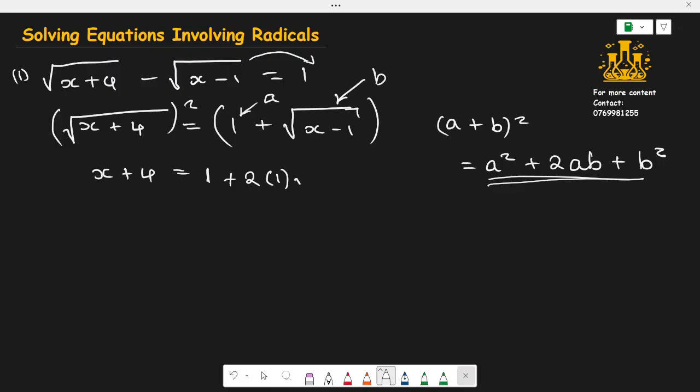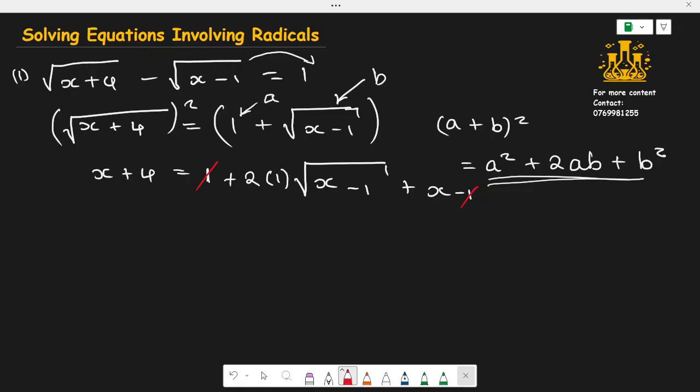times 1 and the radical, plus b squared, which is just basically squaring this, which will give us x minus 1. From this you straight up see that this one and this one are going to cancel.